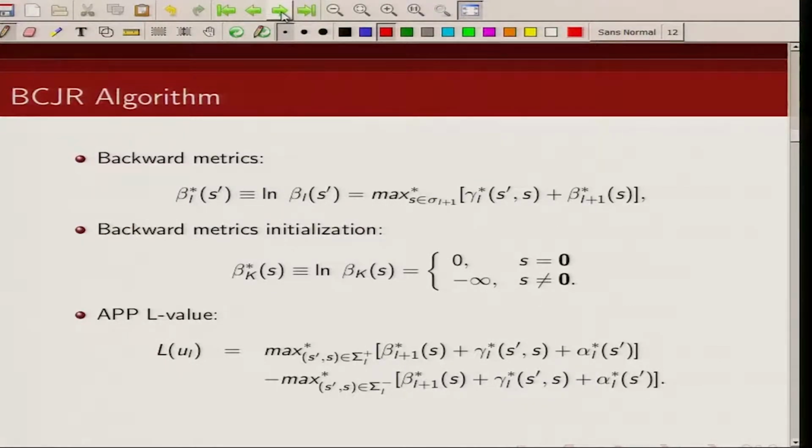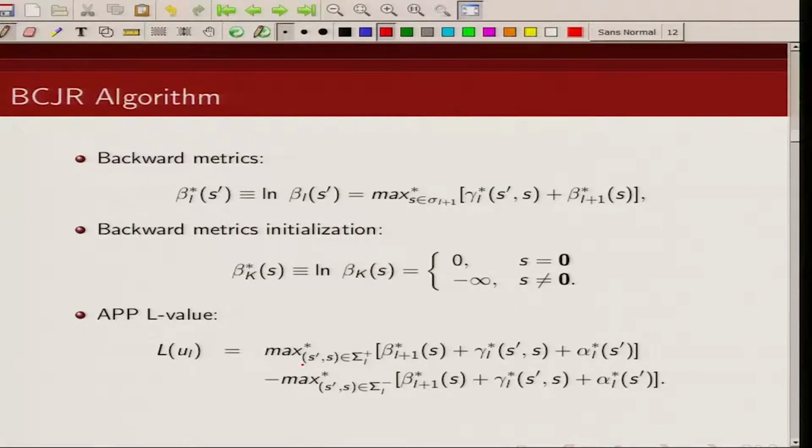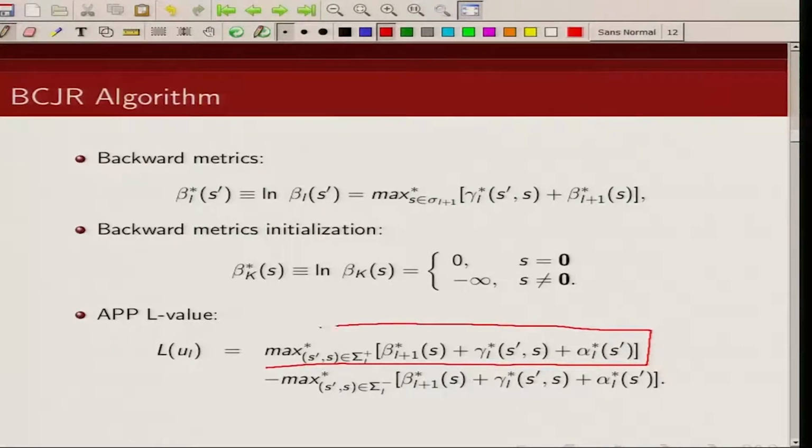And if you recall our APP log likelihood value, this was again a summation of product of 3 terms: alpha at time L, beta at time L plus 1, and gamma. There were 2 terms, one term in the numerator corresponding to all those transitions belonging to information bit being plus 1, and in the denominator we had some terms related to transitions that belong to information bit being minus 1. So, this term that you see here is the term corresponding to the numerator term.